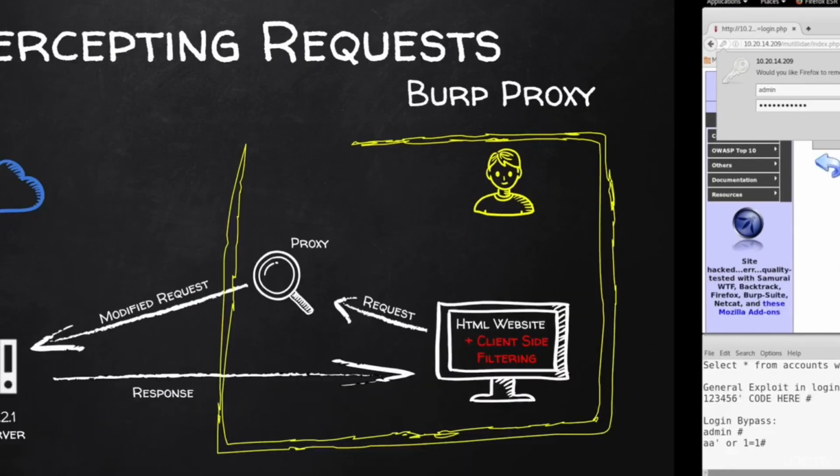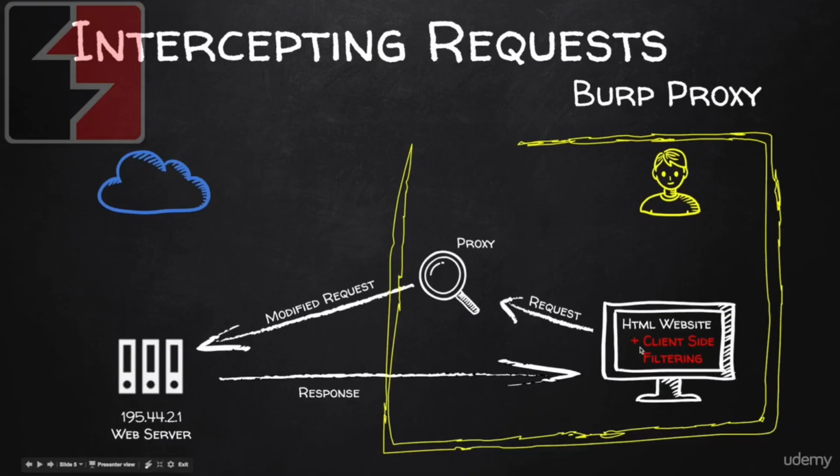So let's go back to our diagram here. We have our HTML website with client-side filtering. When it detects special characters, the client-side code will remove these characters or it will display an error. So what we're going to do is write a username and a password without any special dangerous characters. We're just going to write it normally and send the request, which will bypass the filtering that's happening on the same page on the client side.